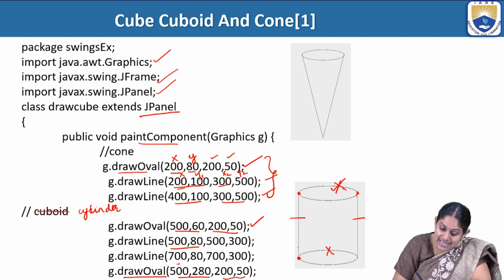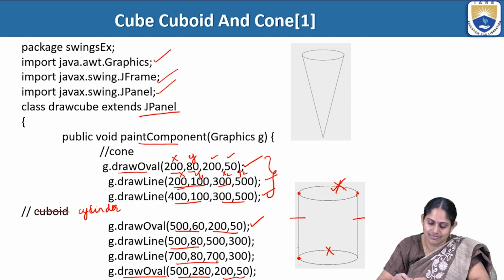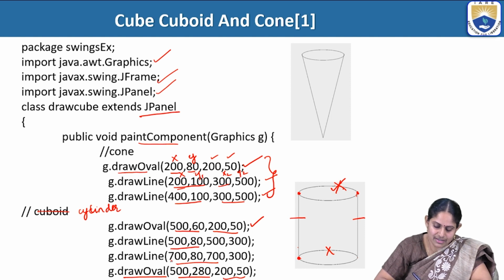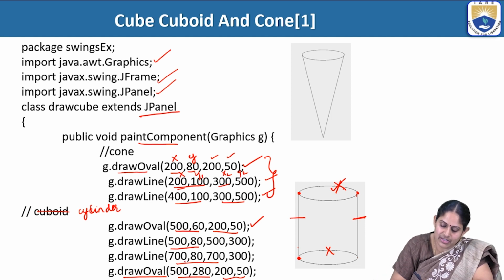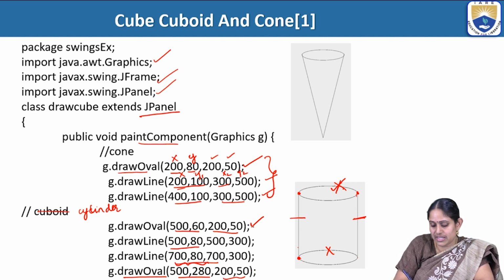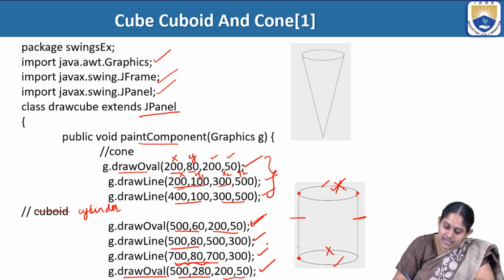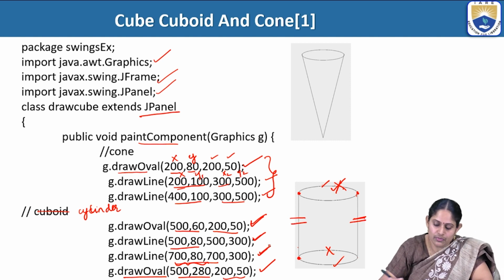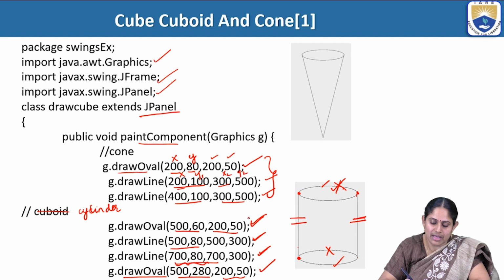To draw this line, we will take these parameters. So using these two methods we draw the two ovals, and to draw the two lines we call these two methods. Likewise, on applying these four methods, we get this cylinder.